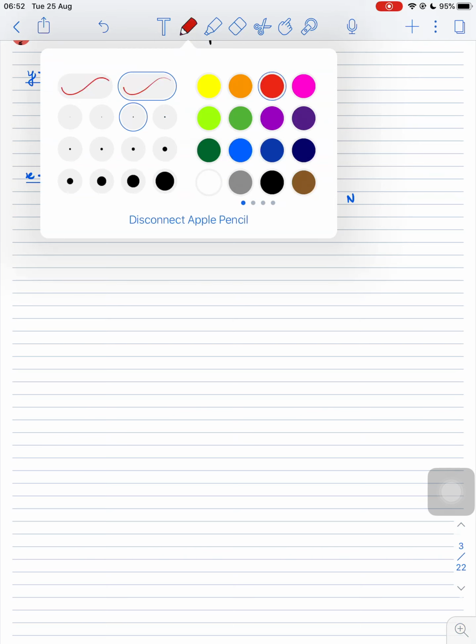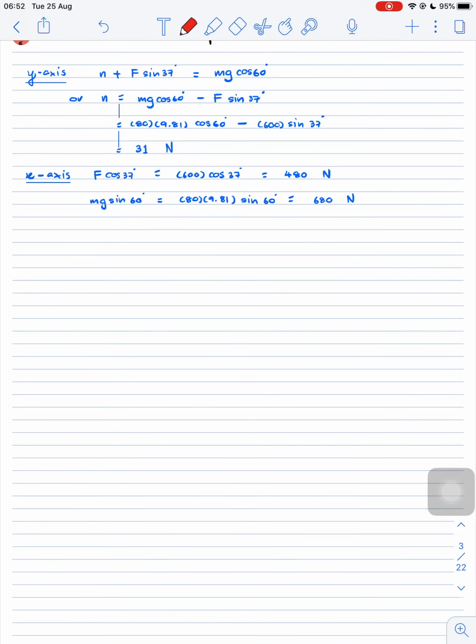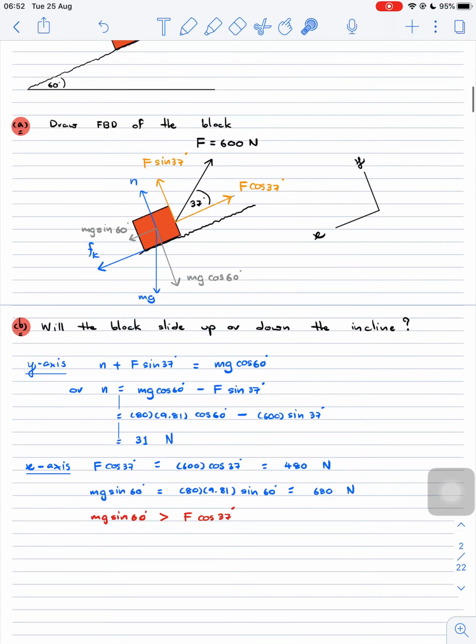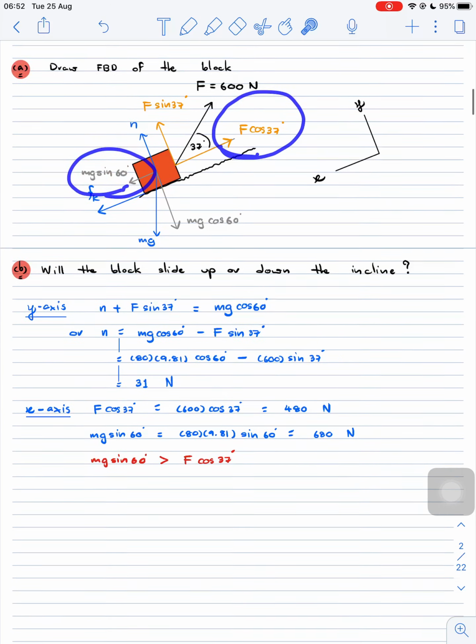So now you can see that mg sine 60 degrees, which is equal to this value, is greater than F cosine 37 degrees. So this downward force is larger than the upward force here.